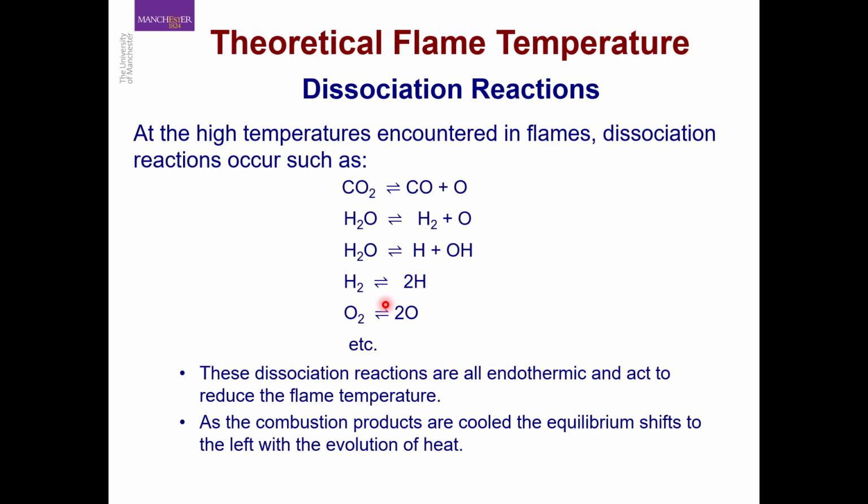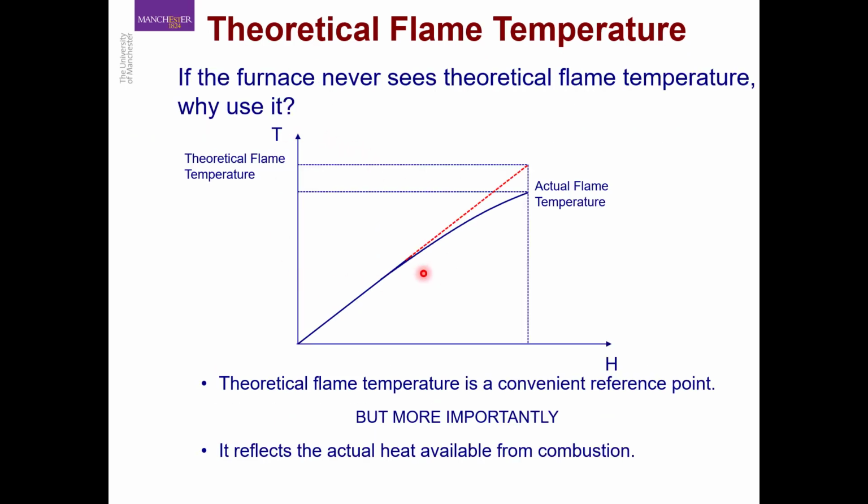And all these dissociation reactions are endothermic. It means that they are going to absorb some heat of combustion, and as such it is going to decrease the flame temperature of your system. And that is why I said that the actual flame temperature in most cases is lower than the theoretical flame temperature.